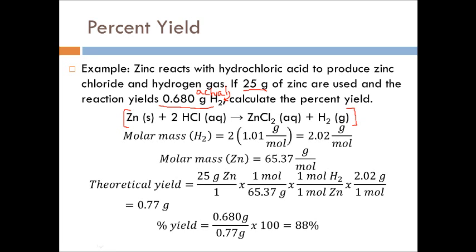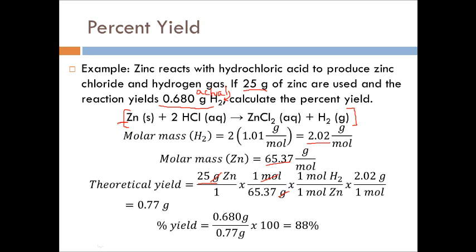What we have to do is calculate our theoretical. So, to start with, we figure out the molar mass of H2, which is 2 times 1, so it's 2. And then we look on the periodic table and pull up the molar mass of zinc, which is around 65. And we're going to do a mass-to-mass conversion. We start with 25 grams of zinc. We divide by the molar mass of zinc to get to moles of zinc. We then use the mole ratios.